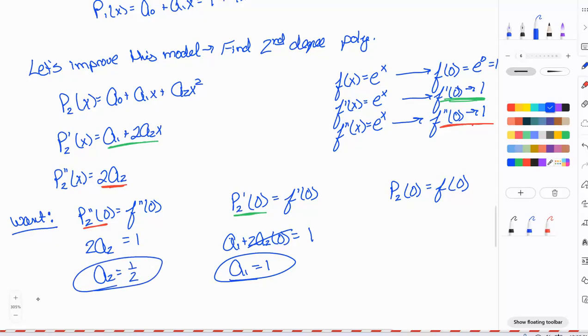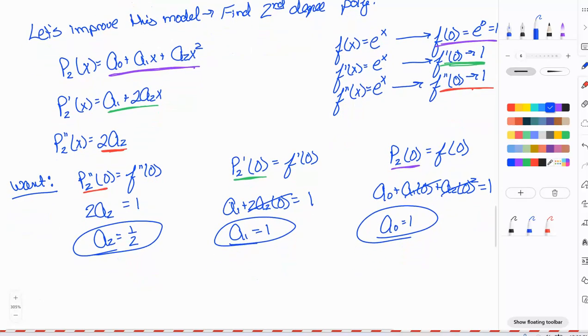And then let's look at comparing that other one. Let me go with a purple. So P sub 2 at 0. When I plug 0 in, I'm going to get a naught plus a1 times 0 plus a2 times 0 squared. And that's got to be equal to 1. So that tells me a naught has to be equal to 1.